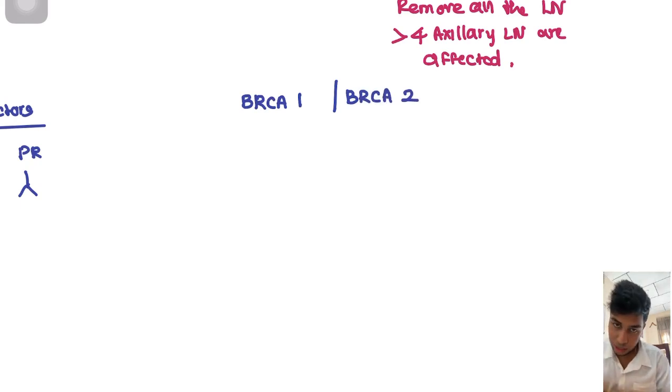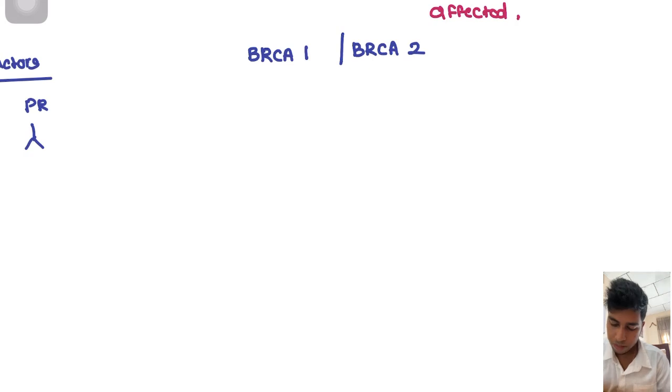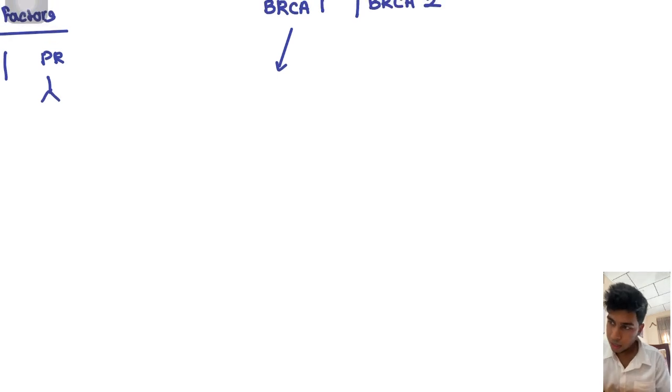Okay, so you will learn this for genetics, but before that, if the BRCA1 gene is abnormal, it indicates a high risk of breast and ovarian carcinoma.